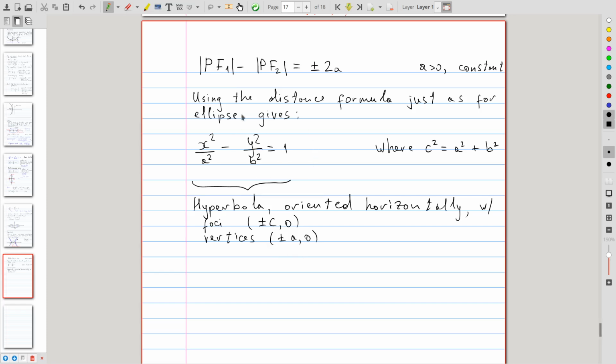So here, unlike in the case for the ellipse, orientation is not determined by the largest denominator, but is determined by the positive term. So here, the x term is positive, and therefore our hyperbola is oriented horizontally. If it were the y term that was positive, our hyperbola would be oriented vertically.